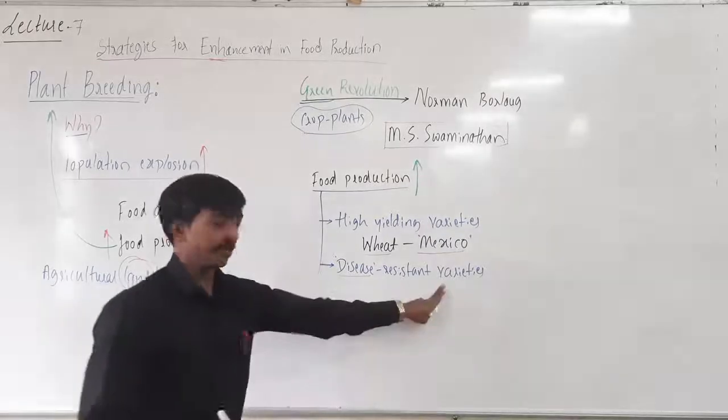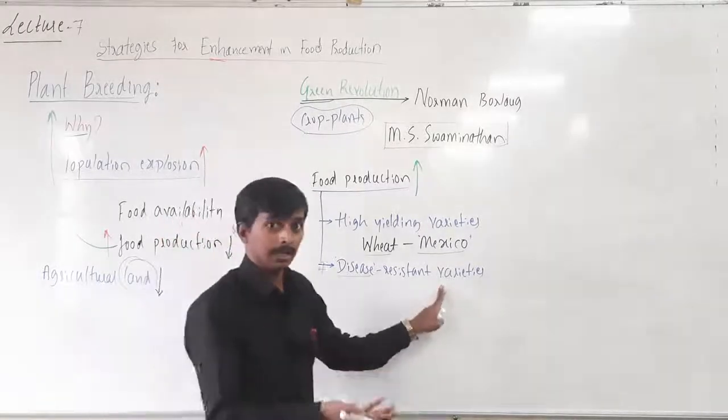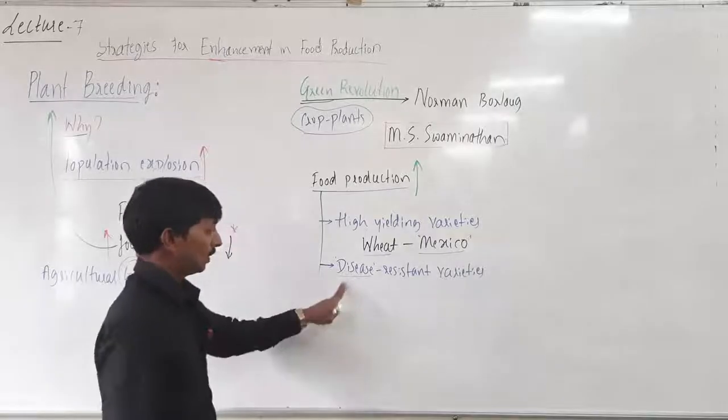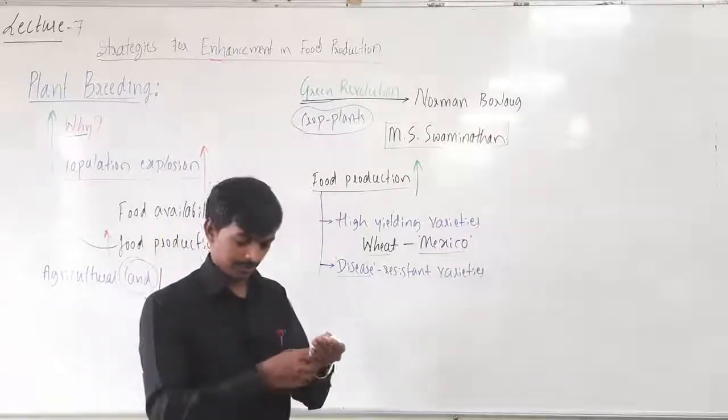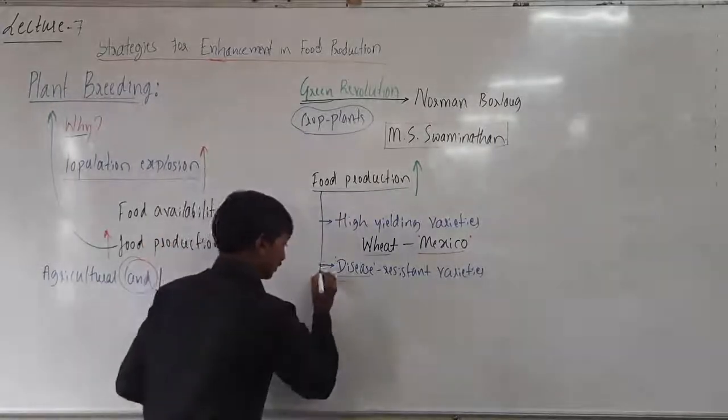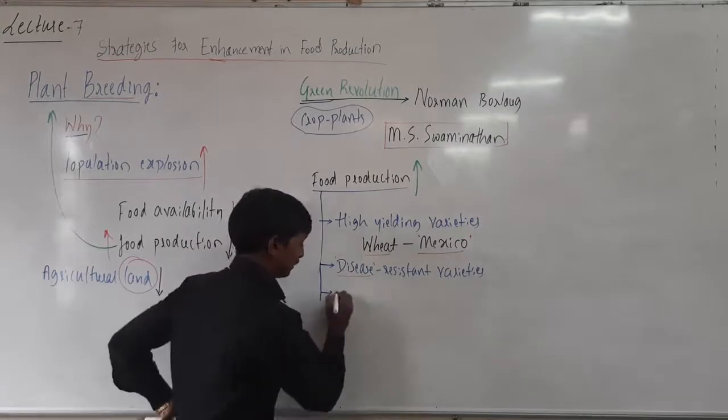So, the plant variety has to tolerate, has to repel, has to fight with those pathogens. Also, the plants must be pest resistant.